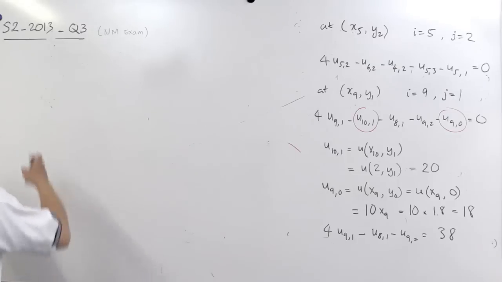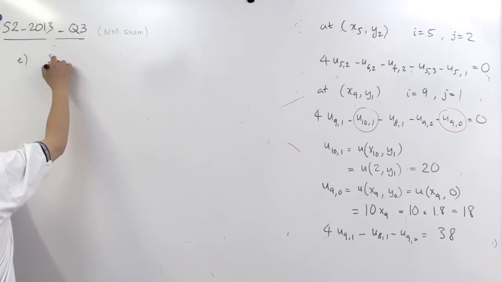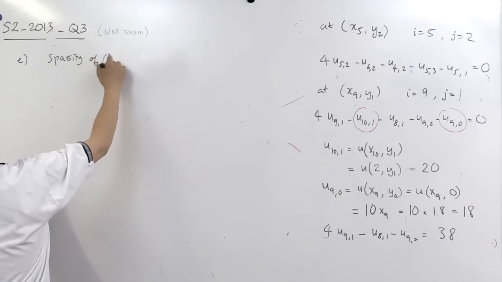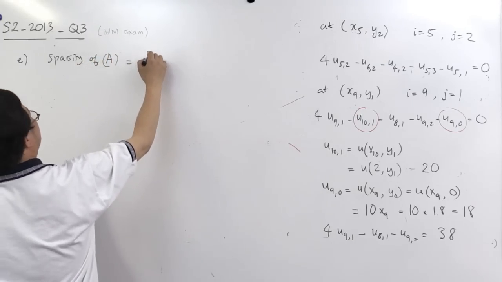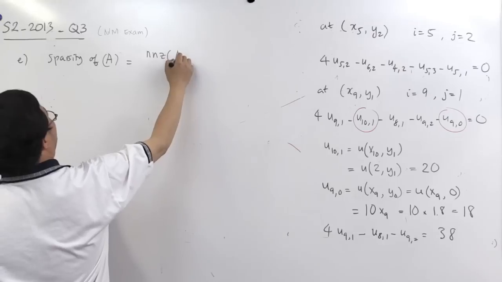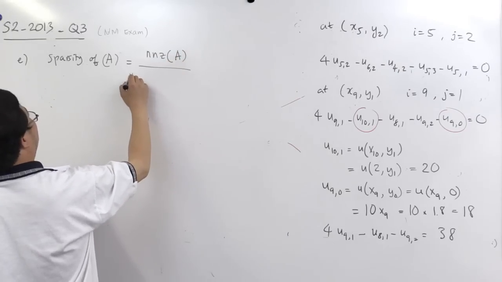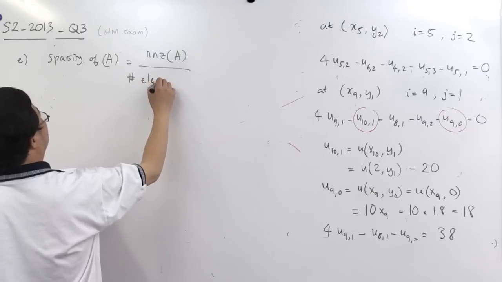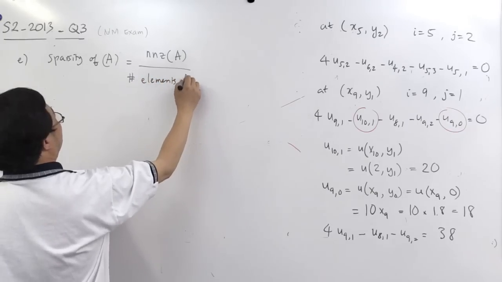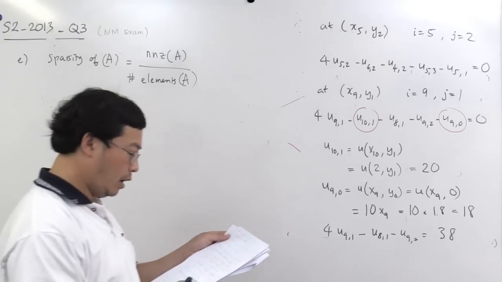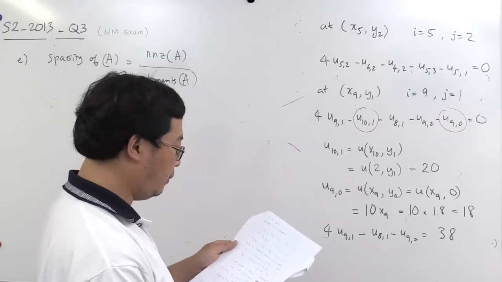The sparsity of the matrix A is just the number of non-zero elements of A divided by the total number of elements in A. Now, how many non-zero elements?